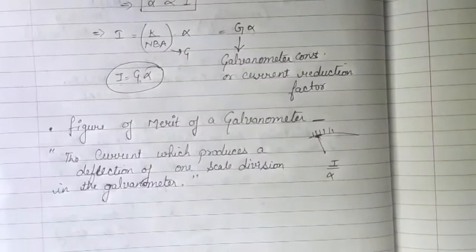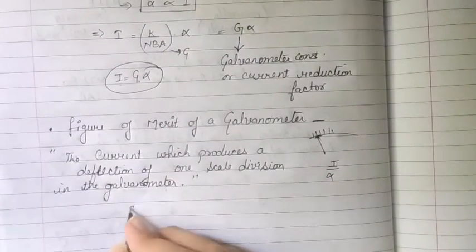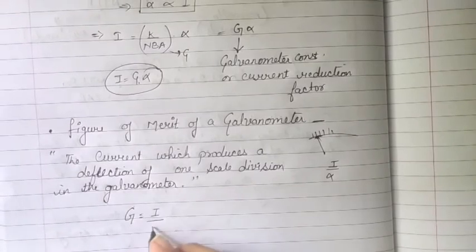Then it is called the figure of merit of that galvanometer. That means G is equal to I upon alpha.